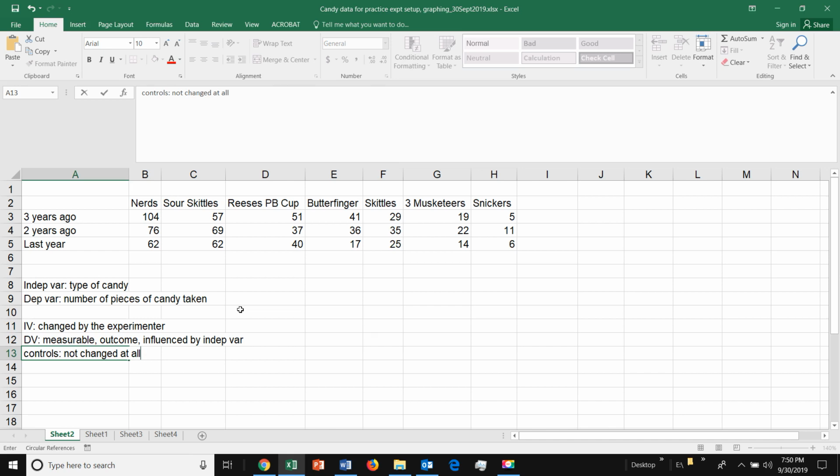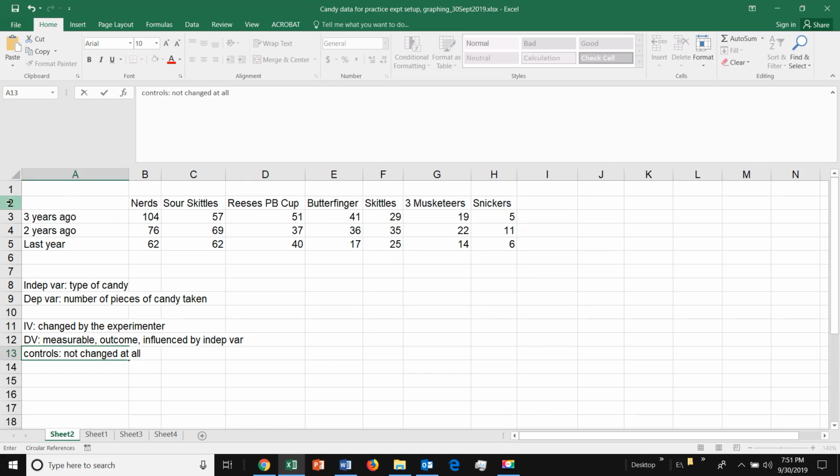That is a little bit weird, but if he uses the same beetle dish every year, it's fine because it's a control. If 1 year he uses a beetle dish, but then the next year he has some candy in the beetle dish, but some candy in the pumpkin dish, the dish might influence what people take, and in that case, the dish would be an independent variable. And so the control is going to be something that is kept constant throughout the course of the experiment.